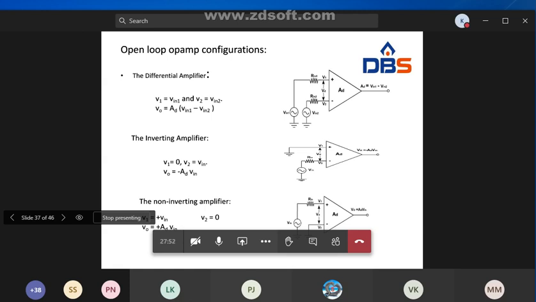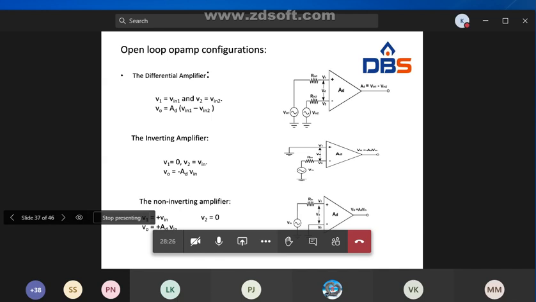So V1 equal to plus Vin, and V0 equal to AD into VD, this we can write AD into Vin, because V2 equal to 0, right? So in the non-inverting amplifier, the output voltage is AD into Vin. So that is the non-inverting amplifier.